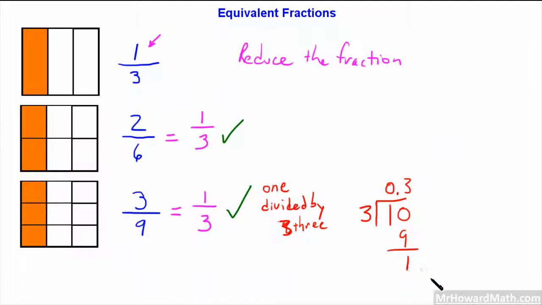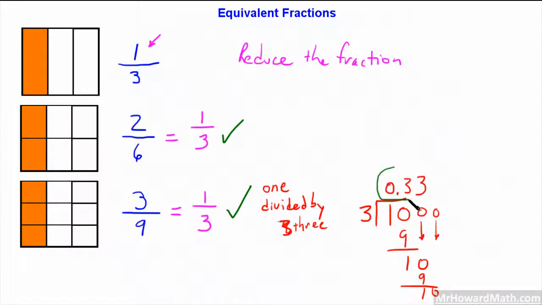We have 1 left. Bring down another 0. Okay, 3 goes into 10 3 times. And we'll just stop there because you're going to see a pattern, of course. We'll have 1. If we brought down another 0, we would just keep getting 3, 3, 3, 3, 3, 3, 3. Okay, so this is far enough.